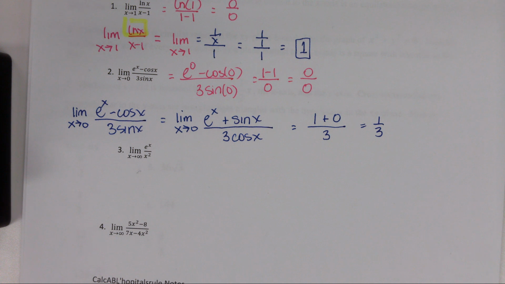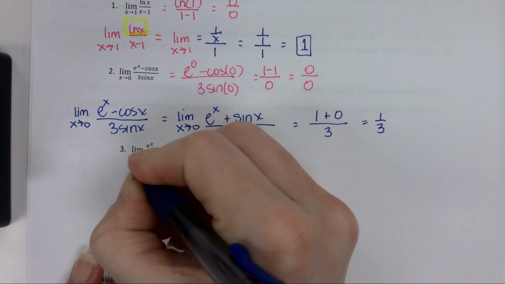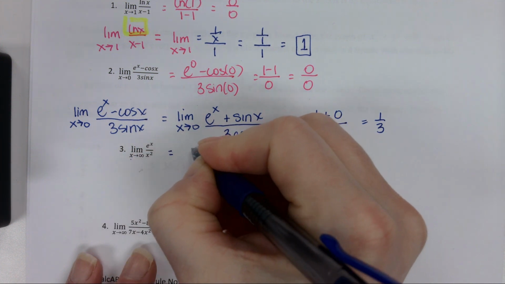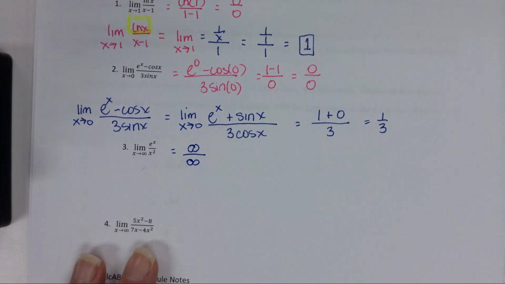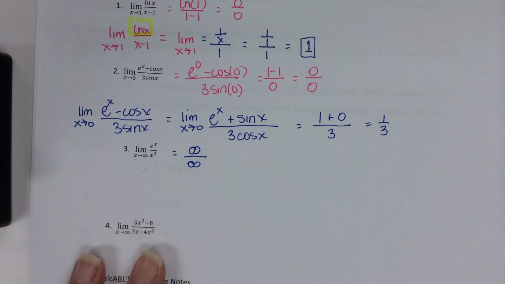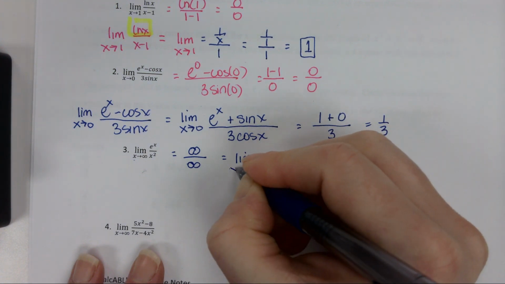I know that already, but I'm going to show you how L'Hopital's rule applies here. So in this form, we would get x going to infinity. E to the x would be infinity. X squared would also be infinity, and that's an indeterminate form. So then I use L'Hopital's rule.